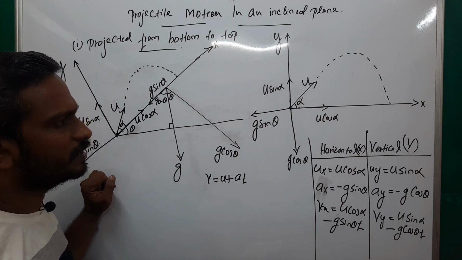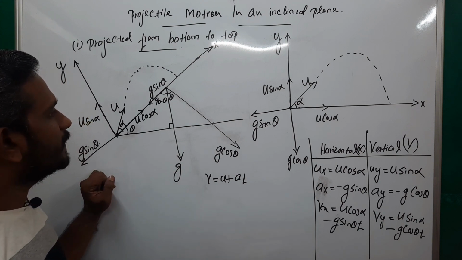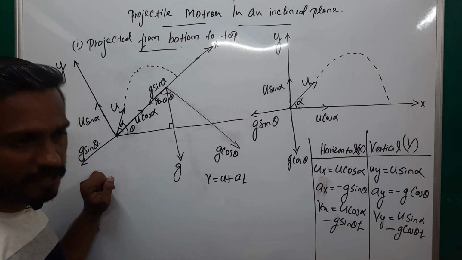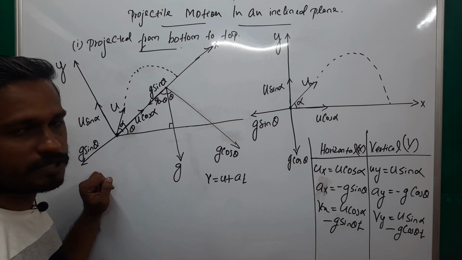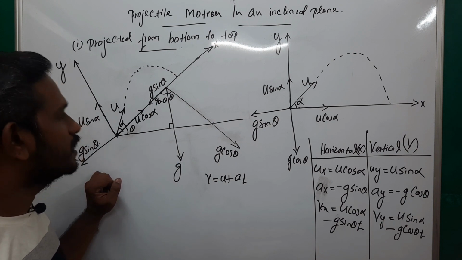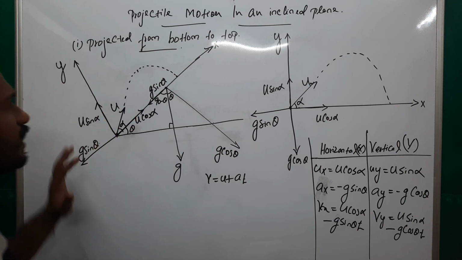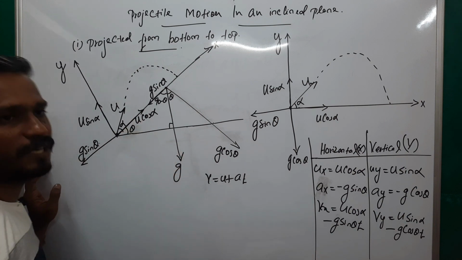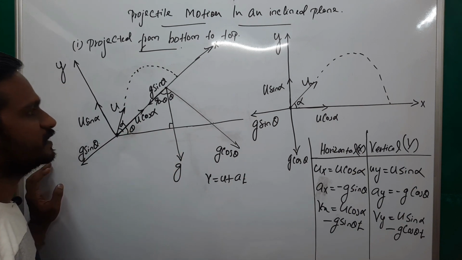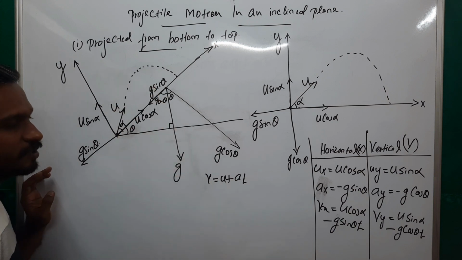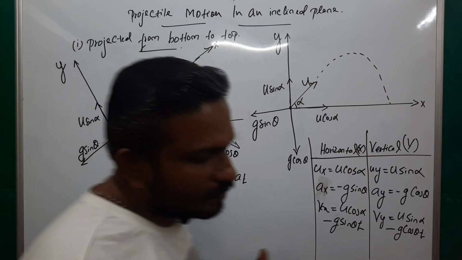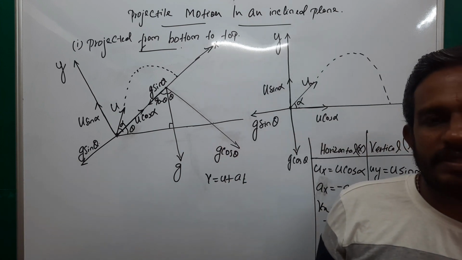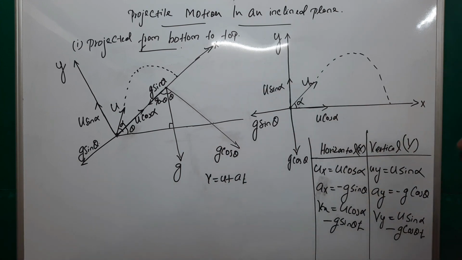Projectile motion on an inclined plane also undergoes two types of motion, horizontal motion and vertical motion. So first we have to find the horizontal and vertical components of the initial velocity and acceleration. Here acceleration is also divided into two components, horizontal and vertical. Very, very important.